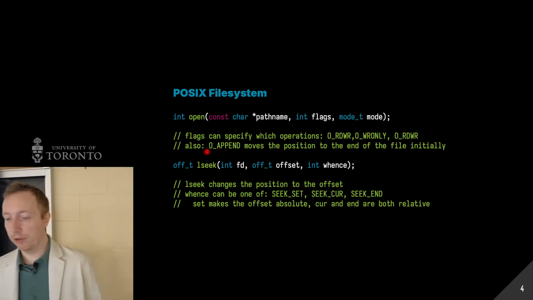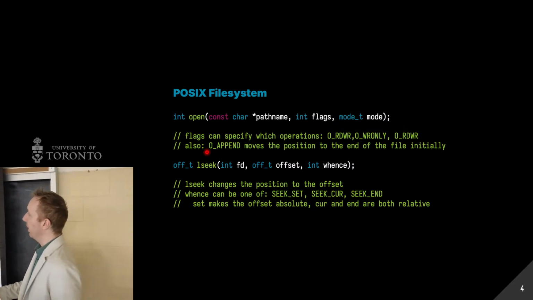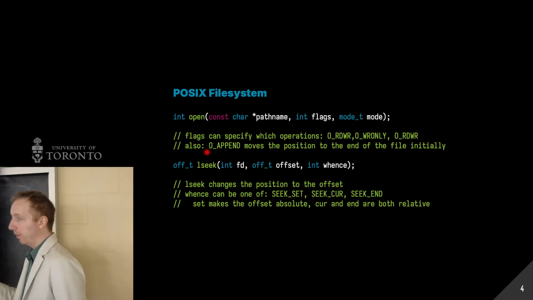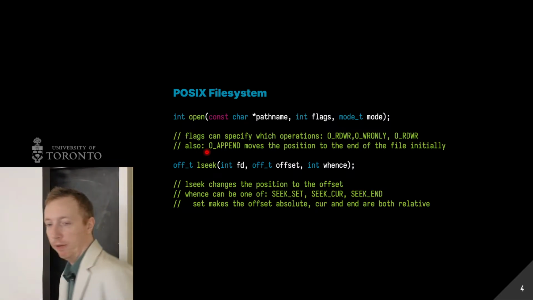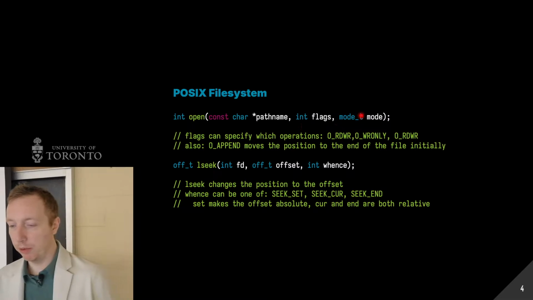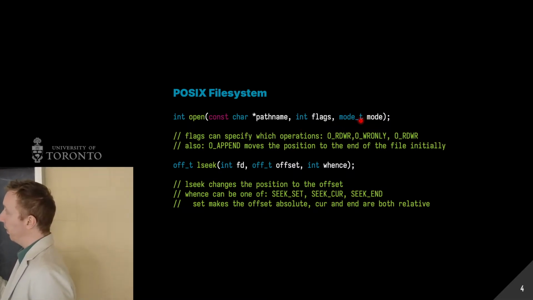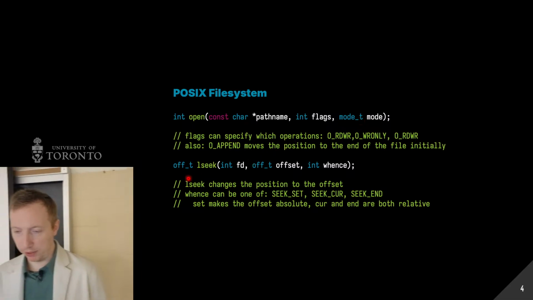There are also other flags: if you use O_APPEND, that moves the initial position to the end of the file. By default, it starts at the beginning of the file. And then there is the mode, which tells you what permissions to set based on the actual user. We'll see that as well.